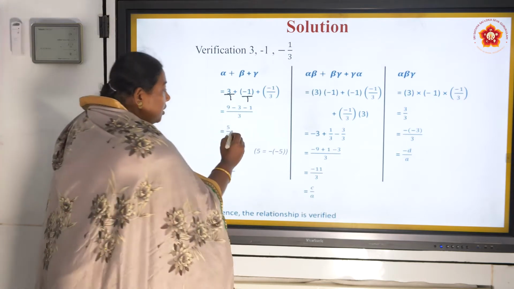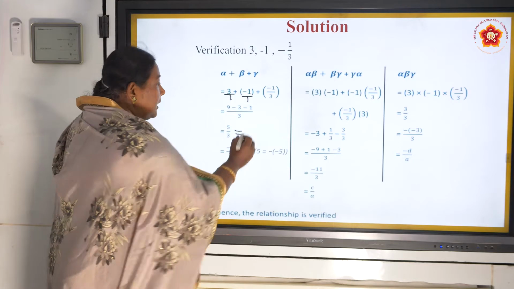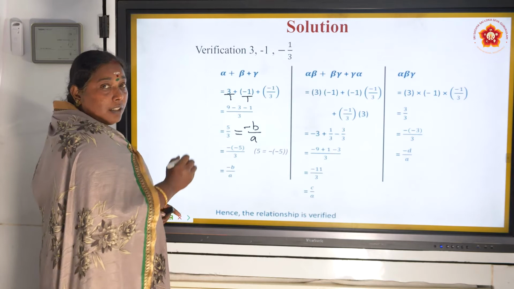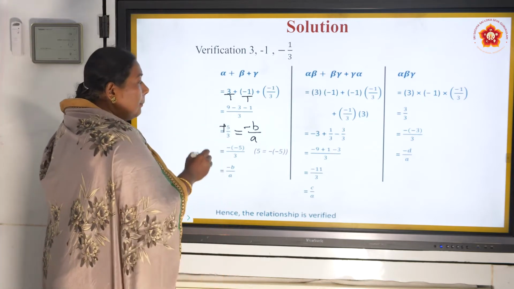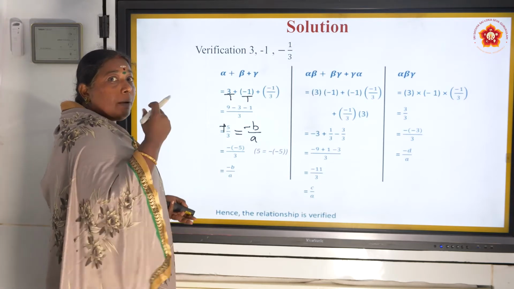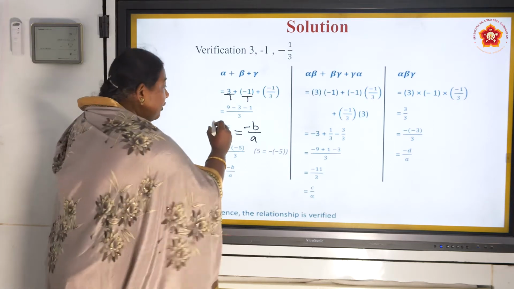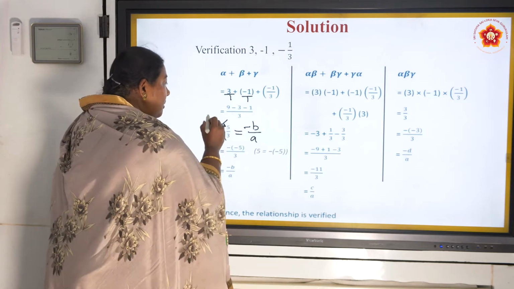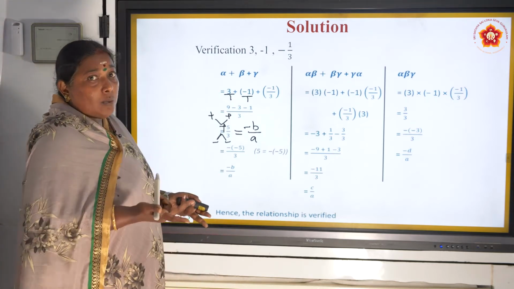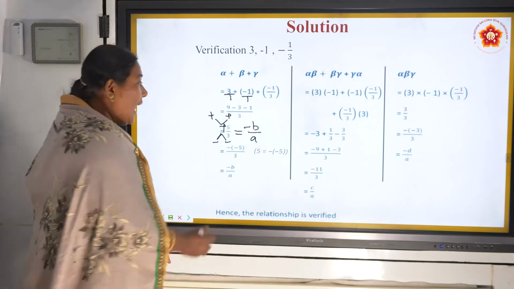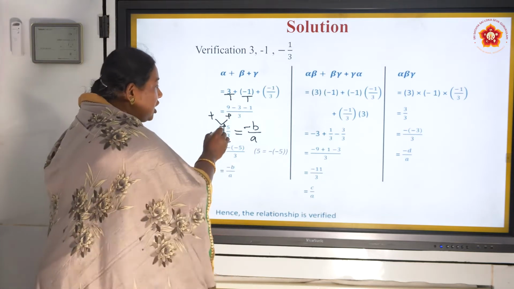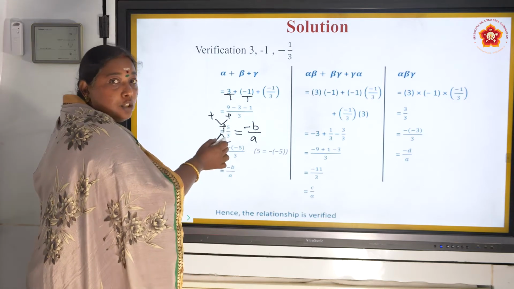But who is this 5 by 3? This is minus b by a. Correct? Now I have a positive here, but as per my formula I must have a minus. Is it right? Plus is made of two things: plus into plus, or minus into minus. I have two options. Which one do I have to take? In this situation, I need a minus symbol there. So I am taking minus into minus. Instead of this plus, I am taking minus into minus.